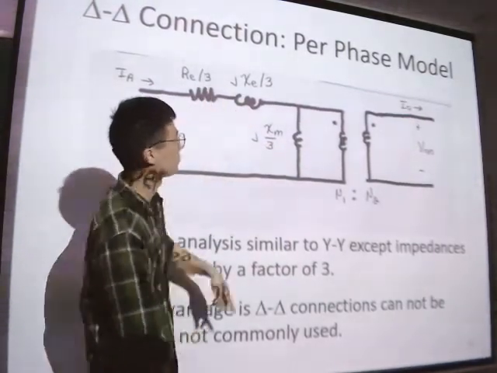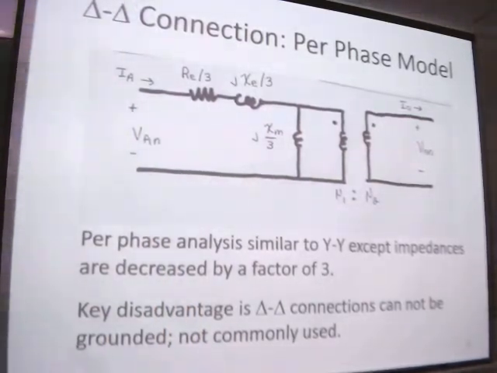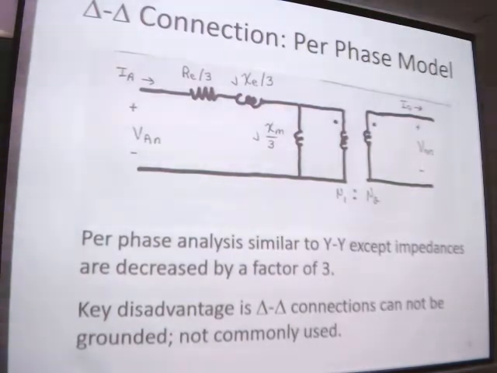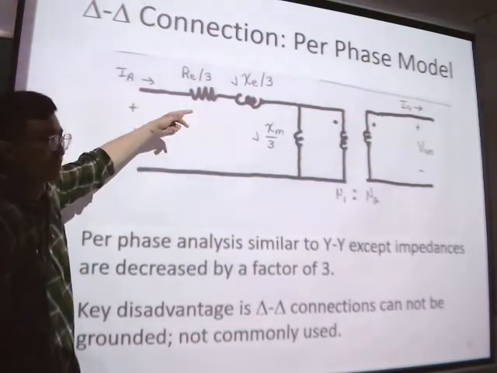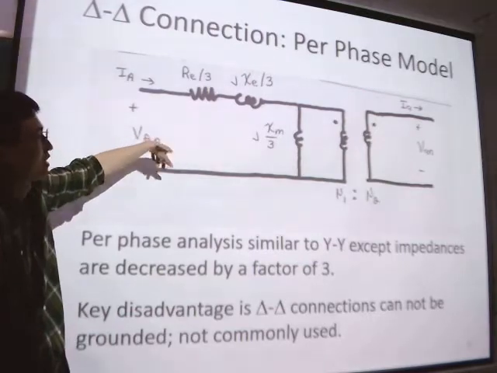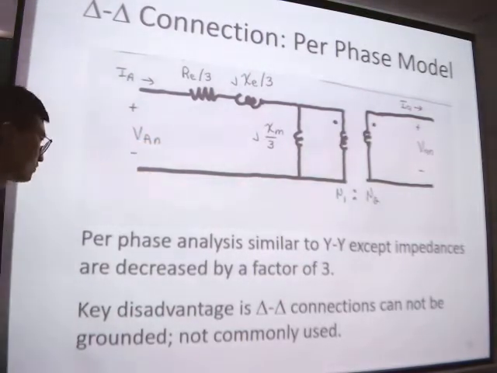So the per phase analysis in the delta to delta connection is similar but not identical. The Y to Y is identical to the single phase. The delta to delta is similar to the single phase because here is a factor of 3, so everything on the primary side can be divided by 3.